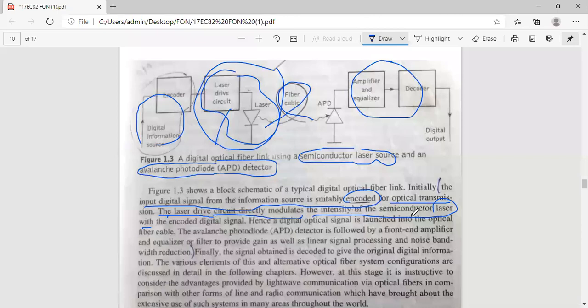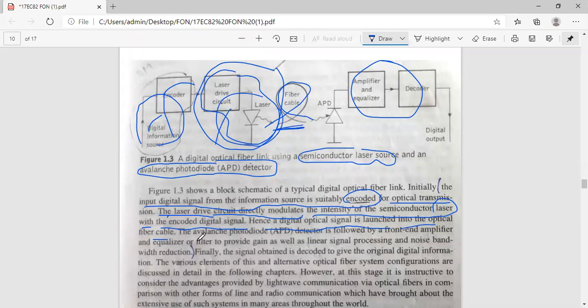It will modulate the intensity of the semiconductor laser with the encoded digital signal, that is information modulation, wherein the carrier is your light wave coming from the laser, and it is modulated according to your information. Hence a digital optical signal is launched through the laser into the optical fiber cable.